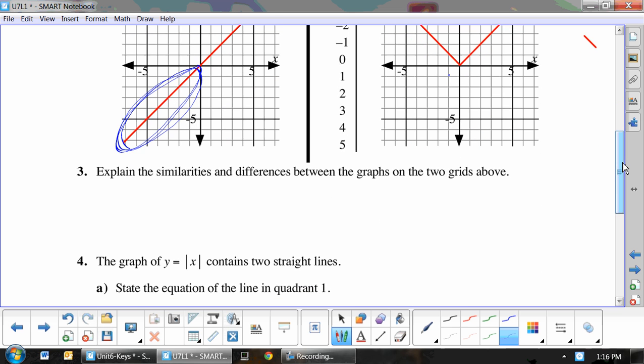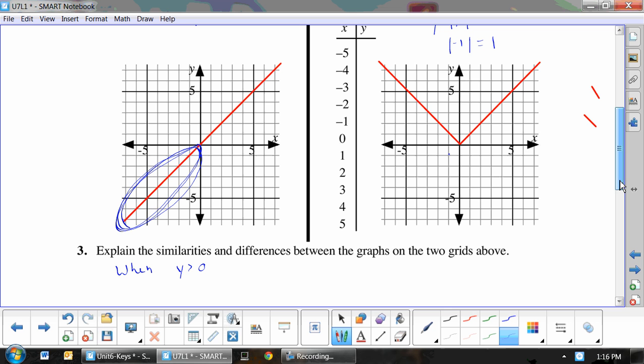So in our notes, we can write: when y is positive, so like for this part of the graph, the graph of the absolute value is the same. So it's handy. The positive part of the graph always stays the same.